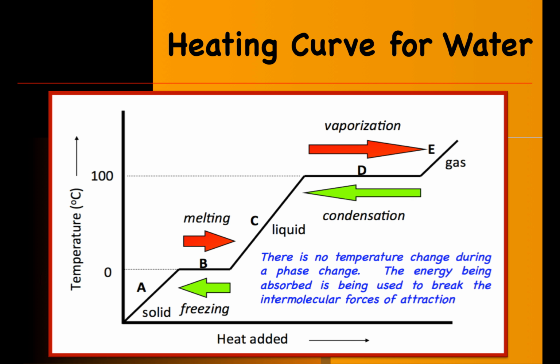The green arrow represents the exothermic reaction, when energy is being released. Interval E is when water is in the gas phase, or when it's steam. Remember, there is no temperature change during a phase change.